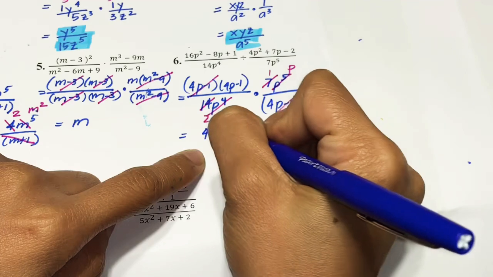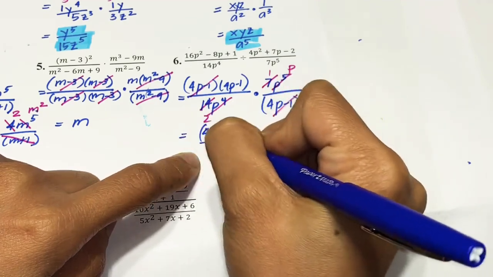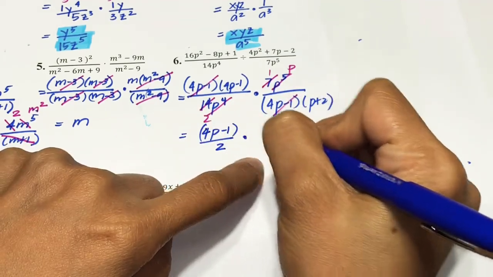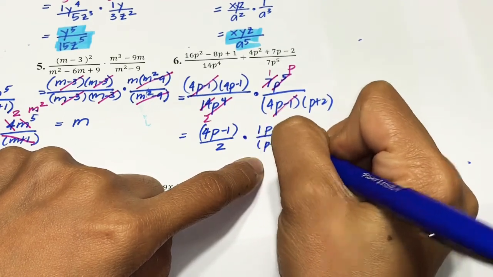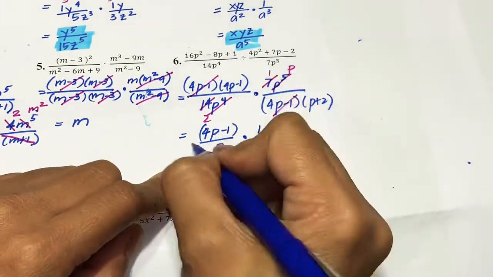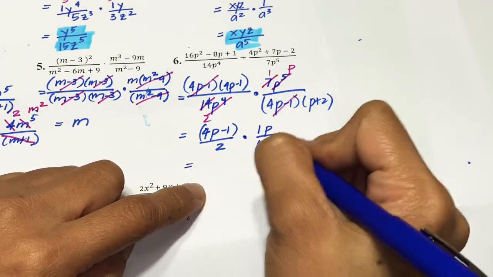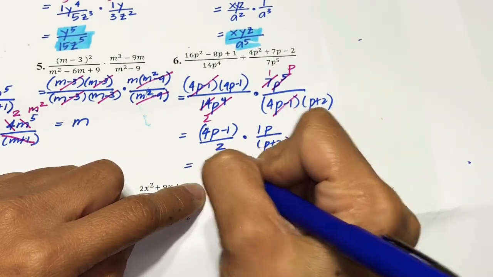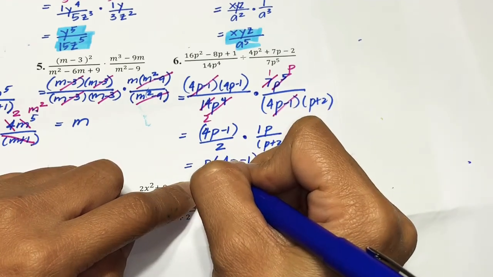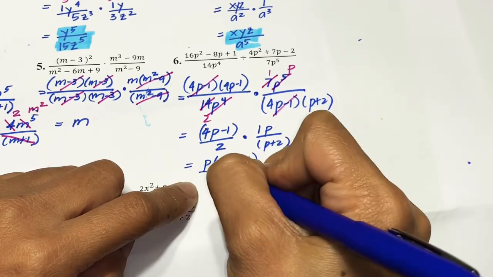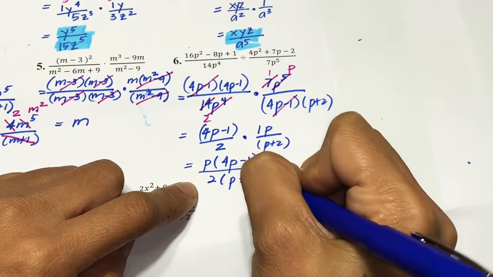Again, this step right here, if you want to write it, so you understand it, you can. You don't have to do it. You can just give me the final answer. So start with the monomial: p times 4p minus 1 over 2 times p plus 2.